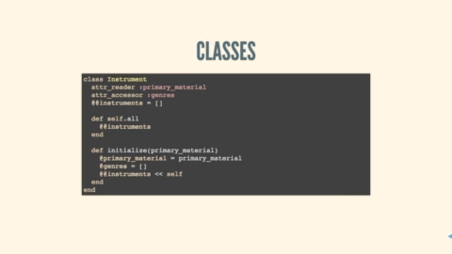Initialize is what it looks for when it instantiates an instrument. So when you do instrument.new, it'll look for an initialize method, and here's how it starts out the object. So instruments in this case have a primary material, and if you wanted a getter method like primary material equals, or return me the primary material, those two lines at the top of the class are how you do it.